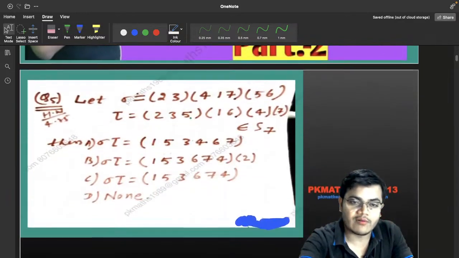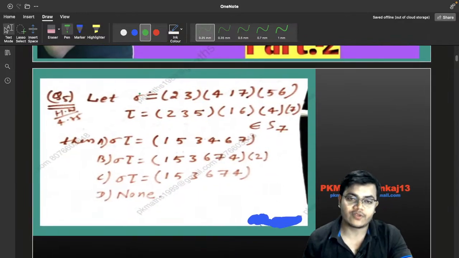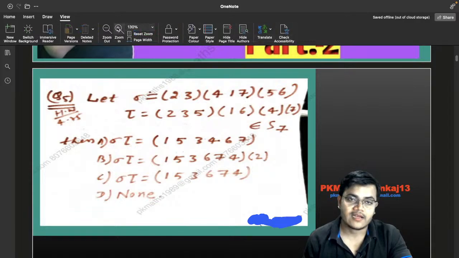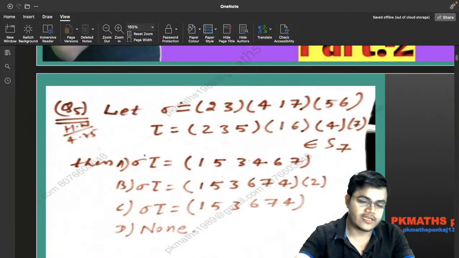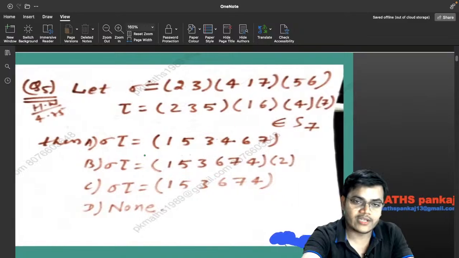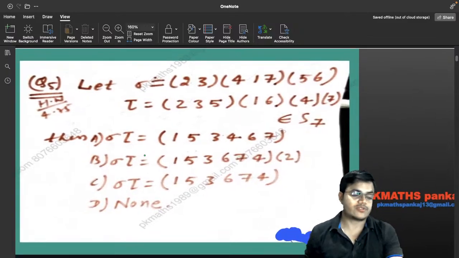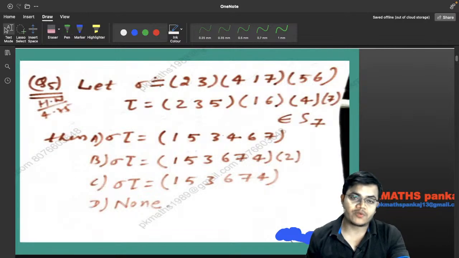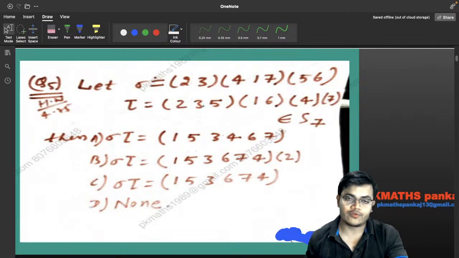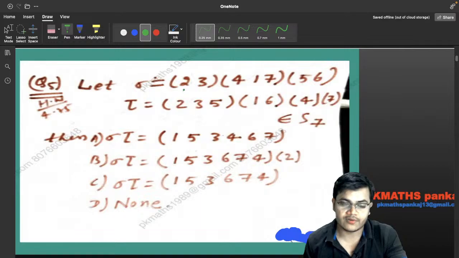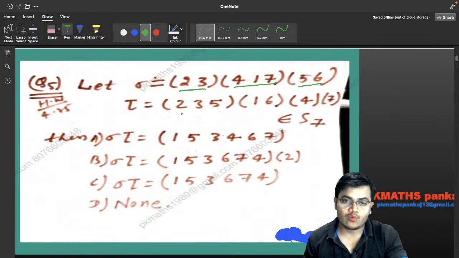First of all I would like to start this session with a question that was given in the last class as homework. Two permutations are given in front of you: sigma, written as (2 3)(4 1 7)(5 6), and tau, written as (2 3 5)(1 6)(4)(7).